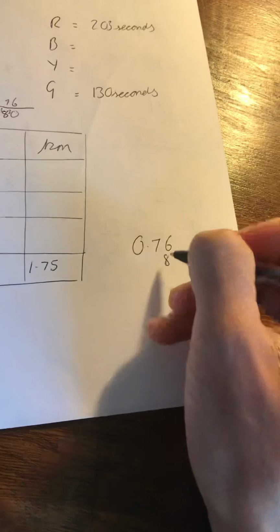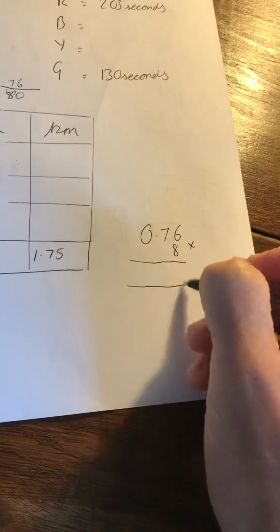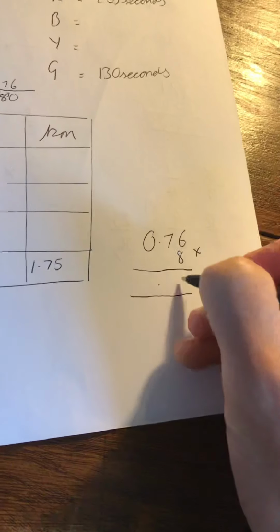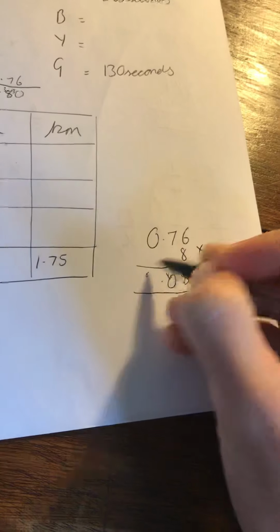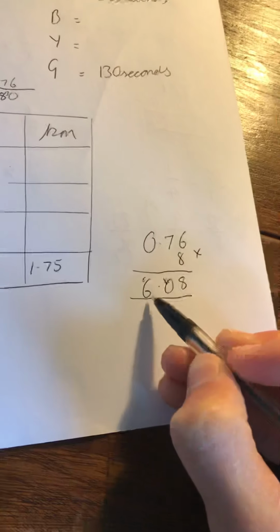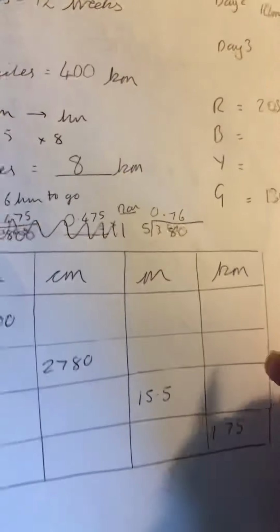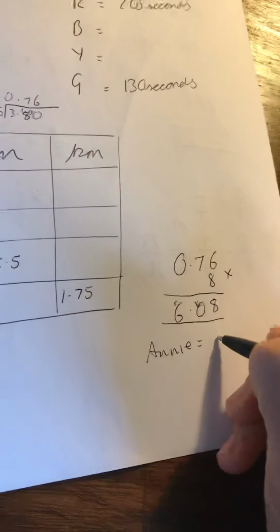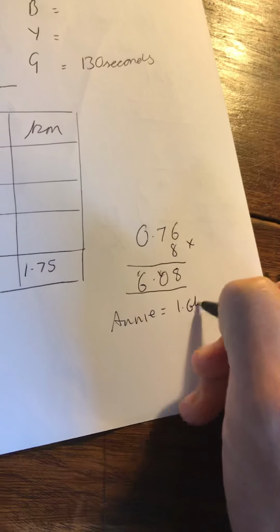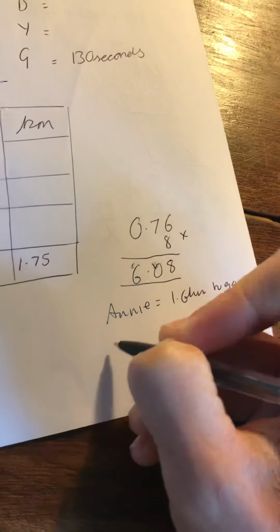0.76 multiplied by 8. So this will tell me how many kilometres Ron has run so far. 48. 56 add 4 makes 60. Okay, Ron has run. I'll carry on down here. Remember, Annie had needed to run another 1.6 kilometres to go.